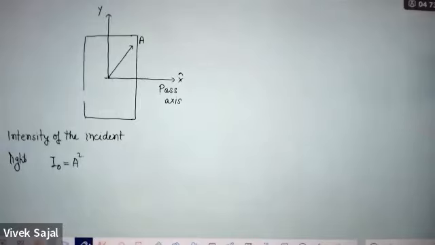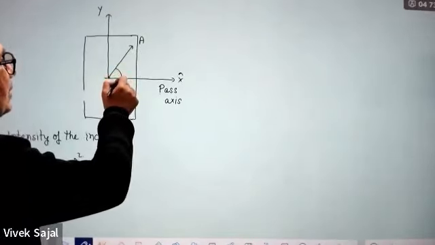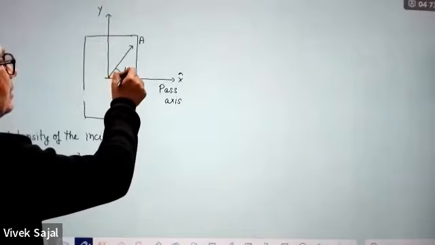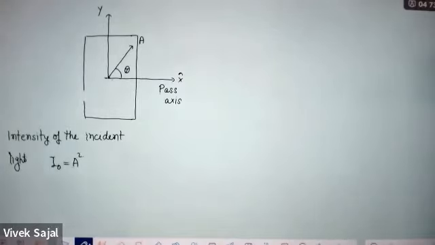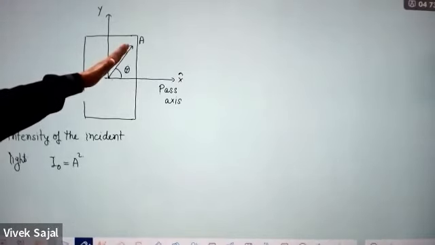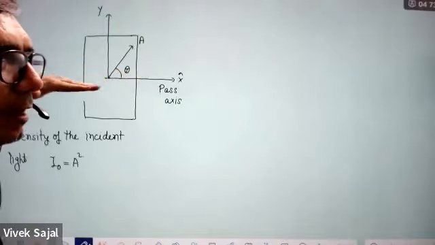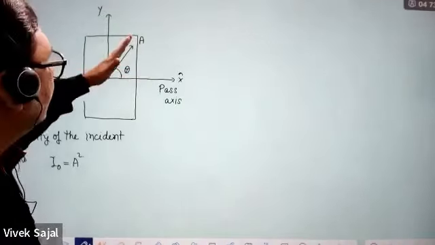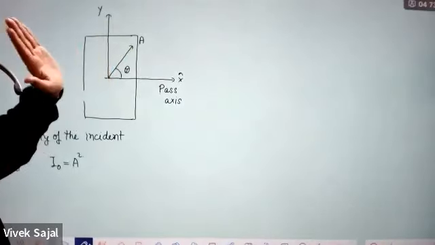Suppose this electric vector is making an angle theta with the pass axis. The component of this electric vector that is parallel to the pass axis will be allowed to pass. The electric vector perpendicular to this will be absorbed or reflected back.